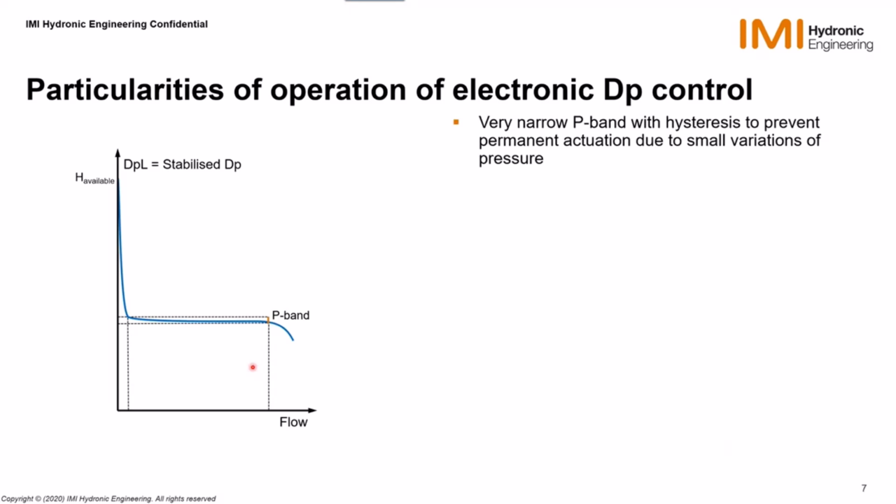It's fixed all over the range. And the particularity of it is that this is not so much the P band that plays a role, but some amount of hysteresis that has been programmed into it so that we prevent permanent actuation by the actuator that would try to compensate the very small variations of pressure.